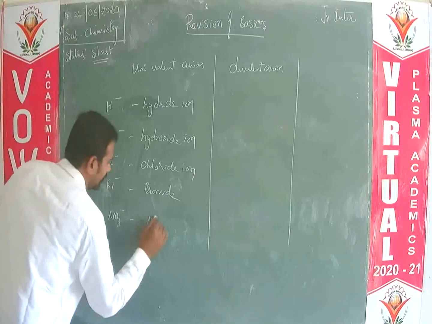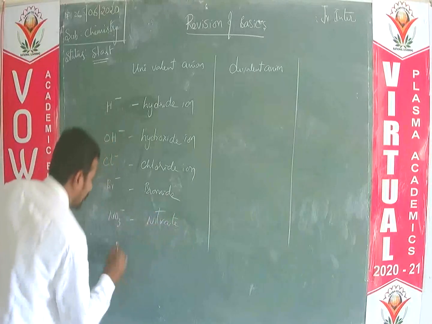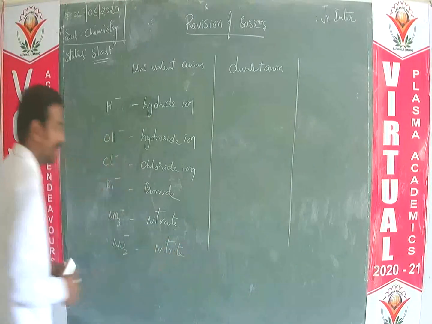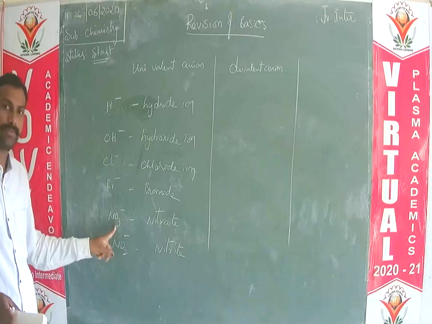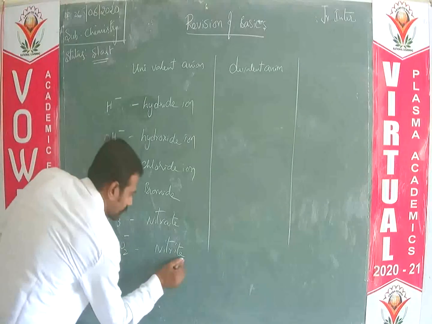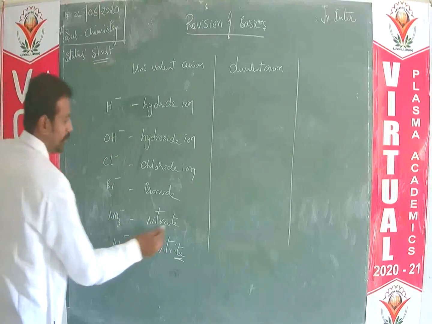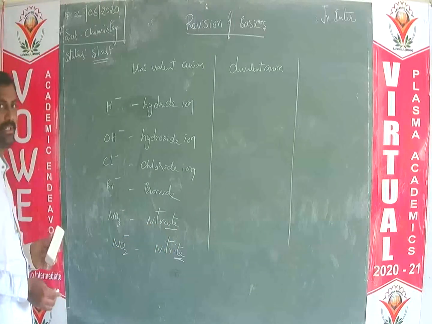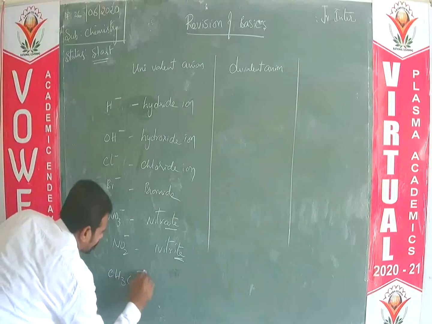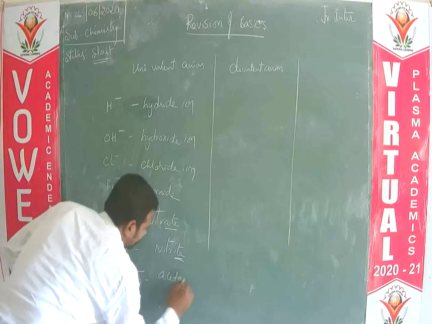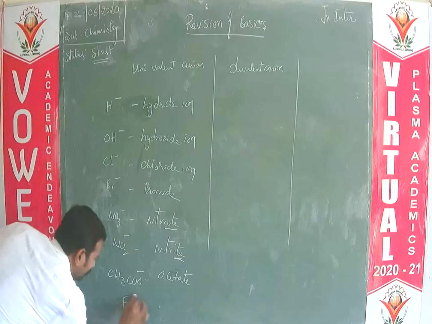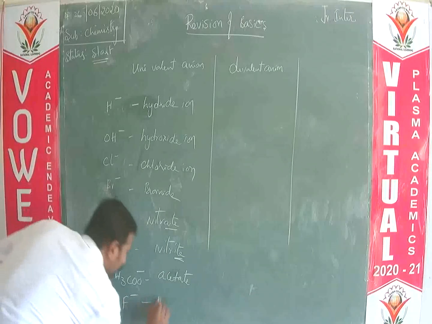This is nitrate, and NO2 minus is nitrite. Remember, here 2 oxygens, here 3 oxygens. When a lesser number of oxygens is present, it is said to be ite. If a greater number of oxygens is present, it is said to be ate. Next, CH3COO minus is called acetate. Okay, so what is F minus? F minus is fluoride.